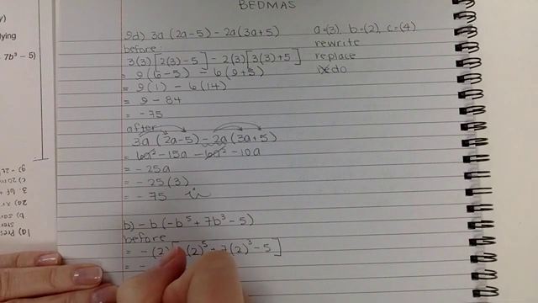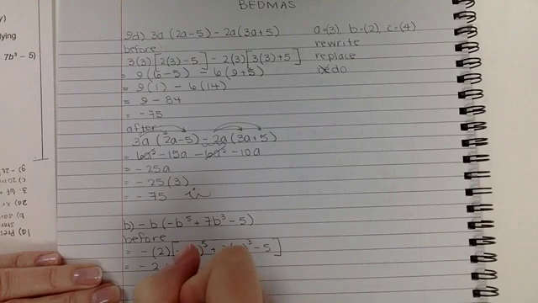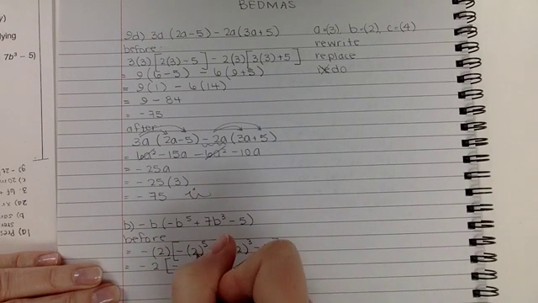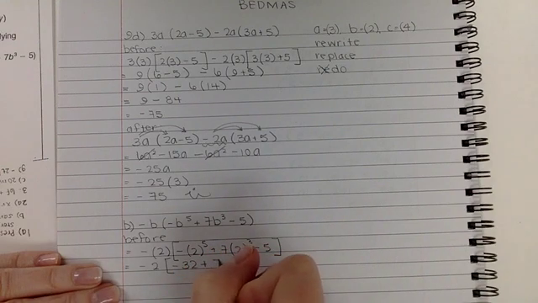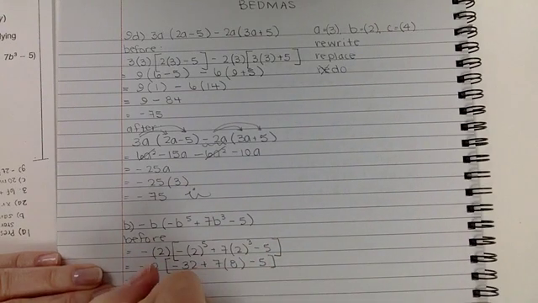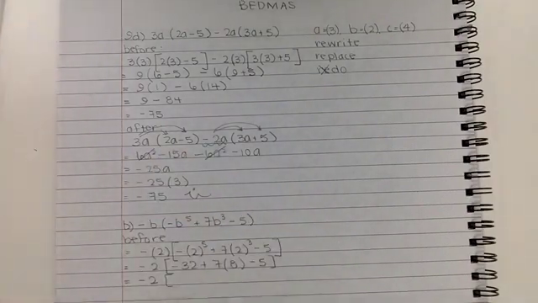And now I solve. Negative 2, and then in brackets, this will be negative 32 plus 7 times 8 minus 5 equals negative 2 times, and then I can do this on my calculator.